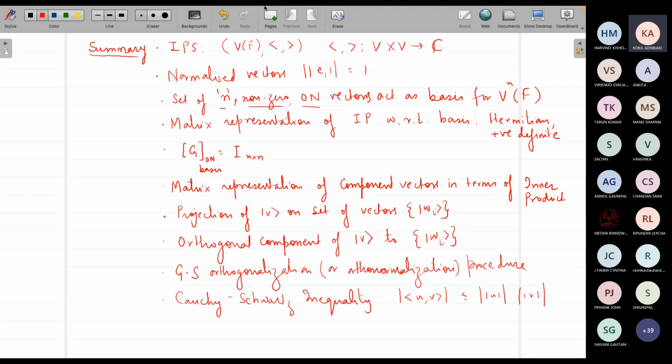So let's start today's class by first defining something. Once we have the inner product space defined, we can also define the distance between two vectors, since we have defined length. So we can define the distance between two vectors u and v simply as the norm of u minus v.